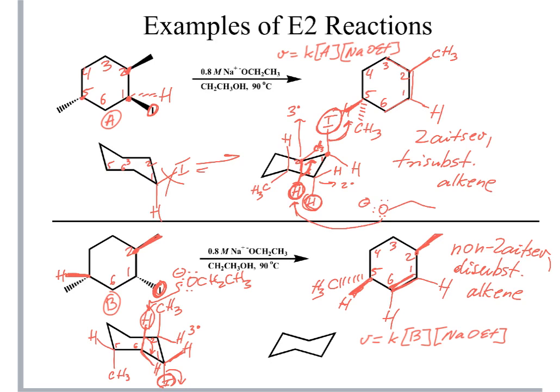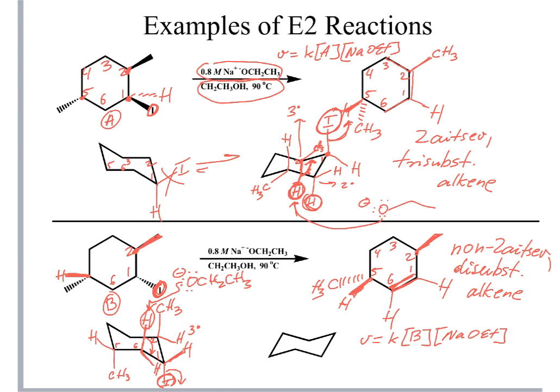Just to review, we recognize that each reaction will follow the E2 mechanism because we look at the reaction conditions. We have alcoholic solvent, some heat, and we have a strong or concentrated base, where the base is greater than 0.5 molar concentration. In such case, when we have E2 elimination from substituted cyclohexanes, we draw the chair conformation.